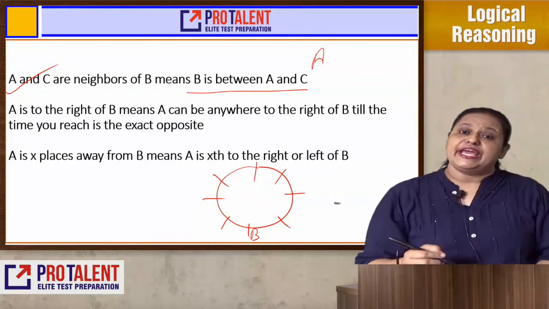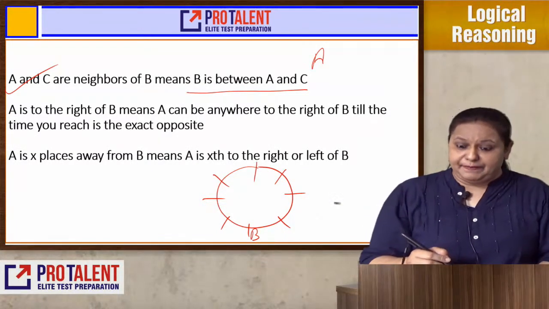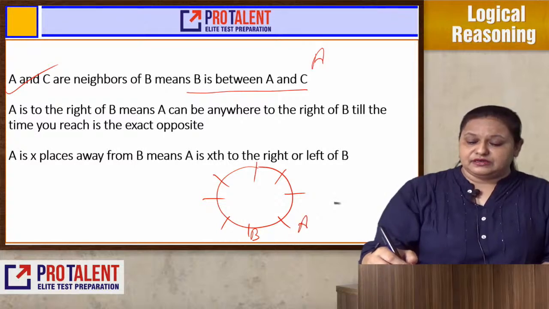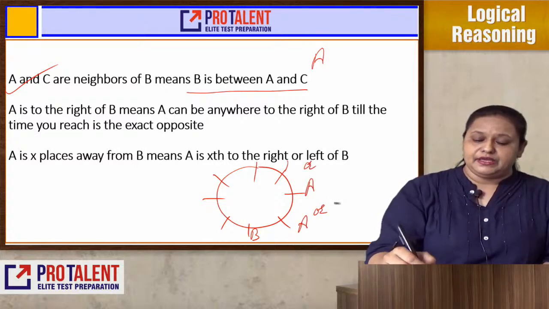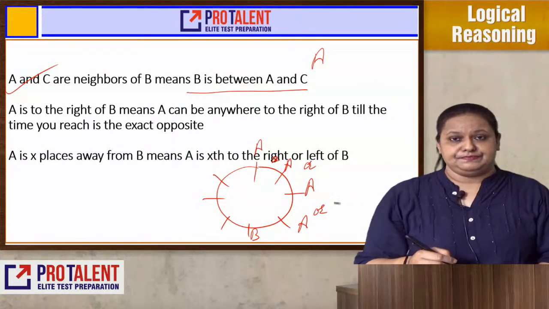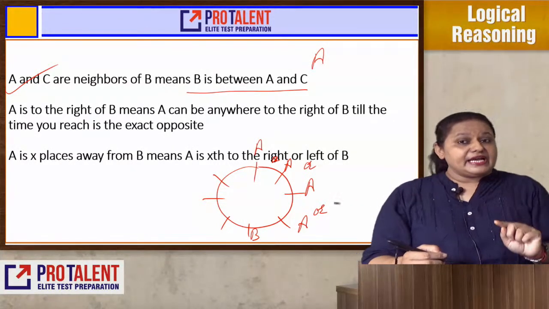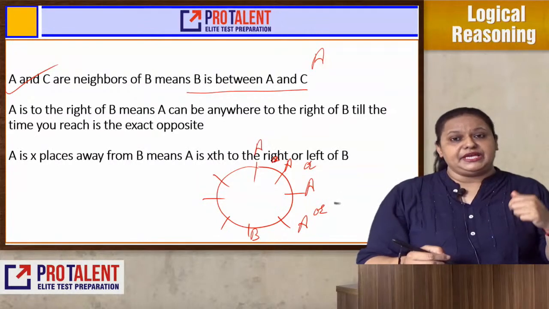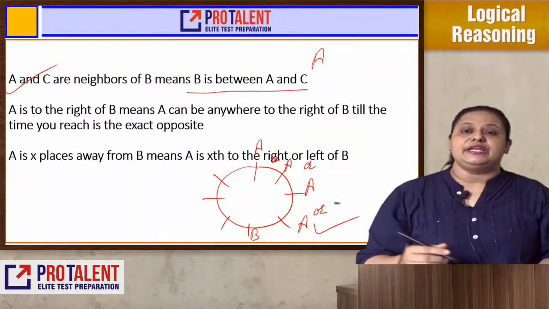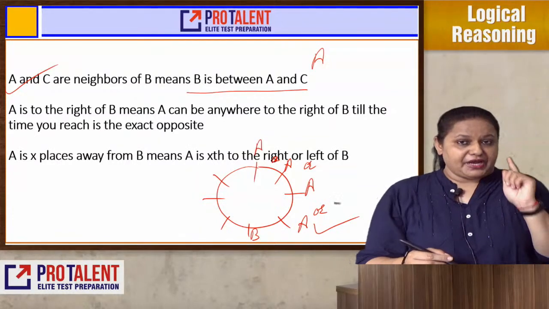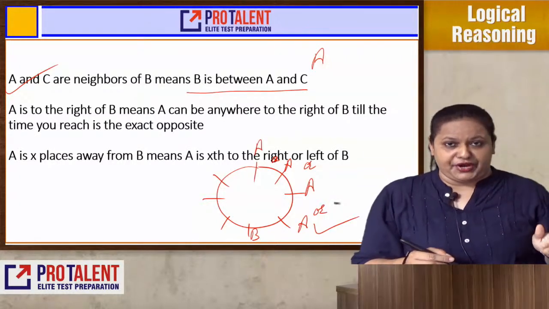If A is to the right of B, it means A can be here, or here, or here, or here. A can take any of the positions. But if I say A is to the immediate right of B, this will be the only correct position. Keep this point in consideration.